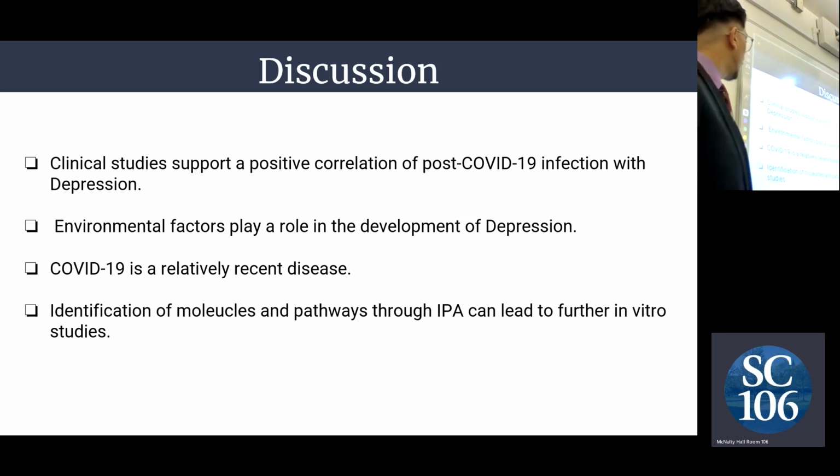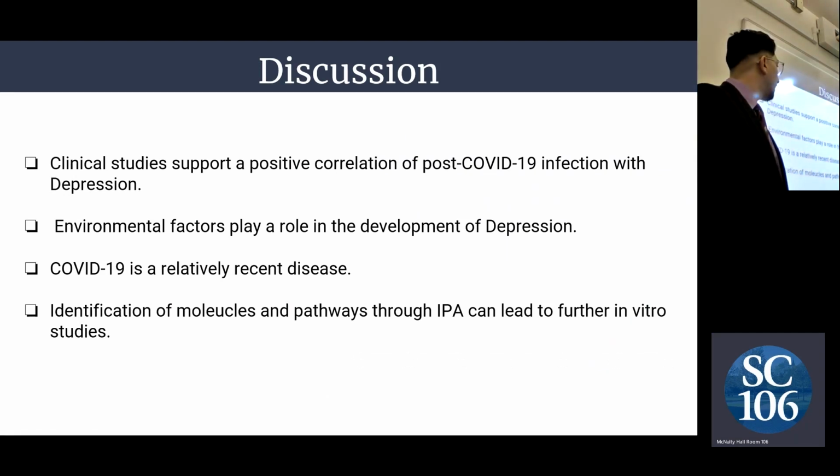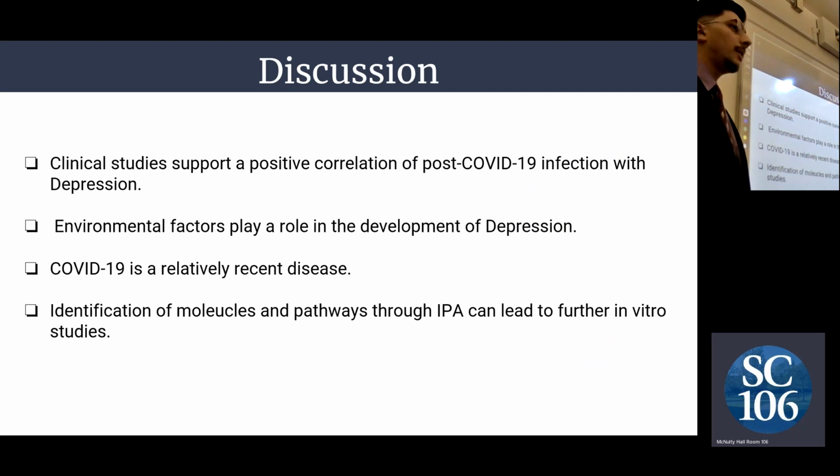To conclude, to wrap up, clinical studies support a positive correlation of post-COVID-19 infection with depression. However, my study focused strictly on CRP. There are other inflammatory molecules or other molecules which may have been inhibited or overly expressed. However, in the future, I would like to study those molecules and create a broader, more complete picture. Environmental factors do play a role in the development of depression. However, this study focused strictly on the biological mechanisms.